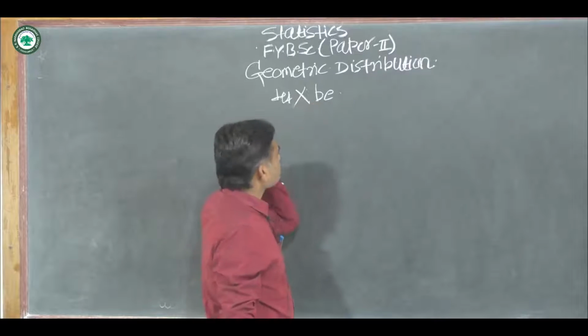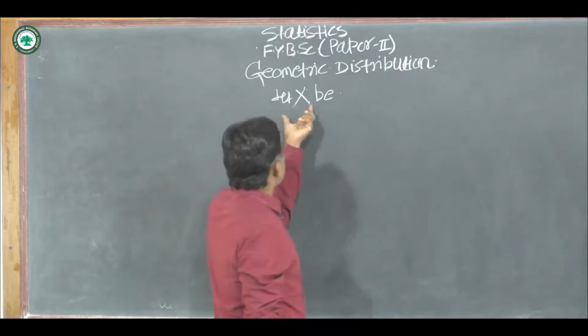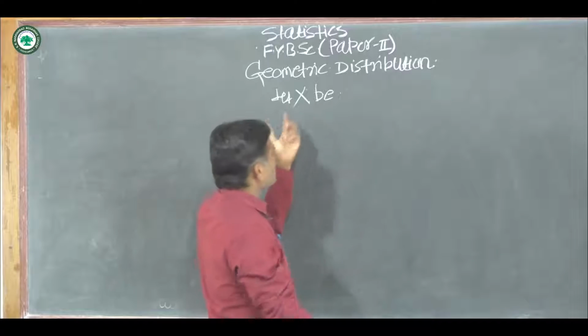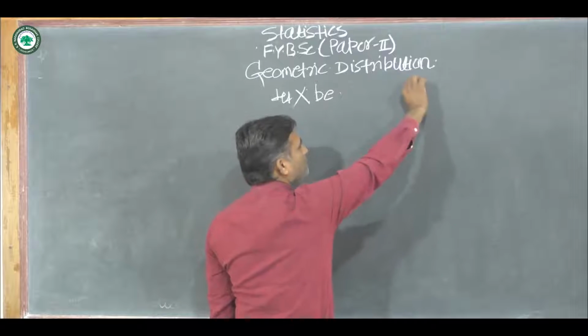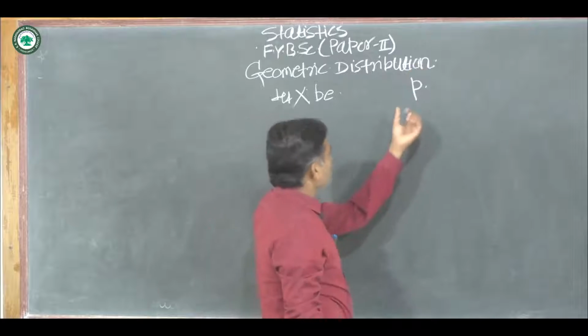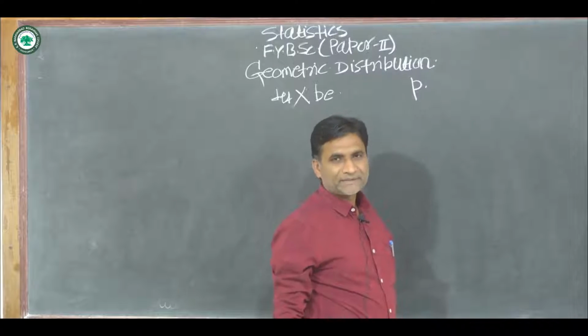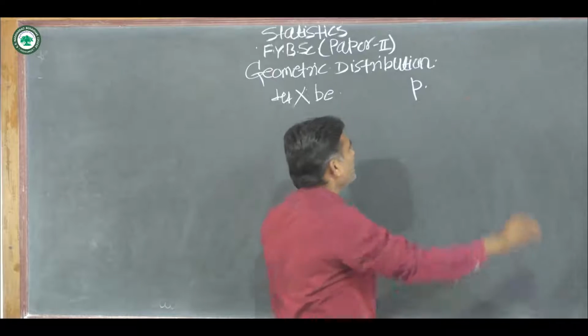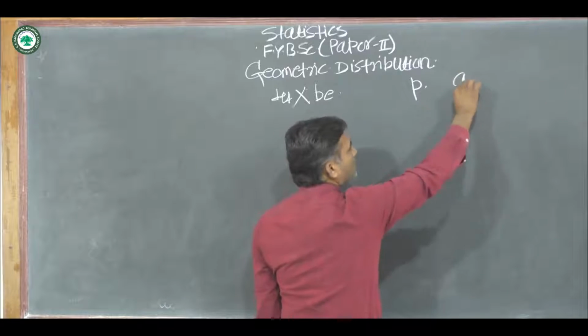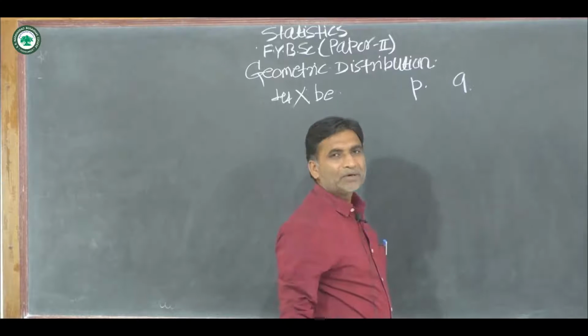Now suppose P is the probability of success and Q is the probability of failure.